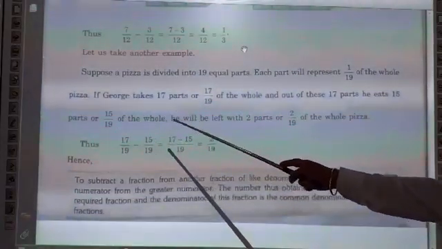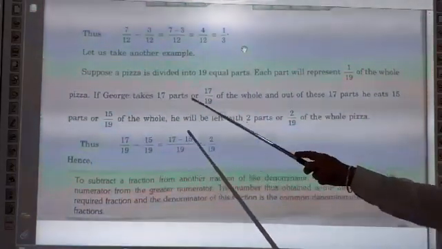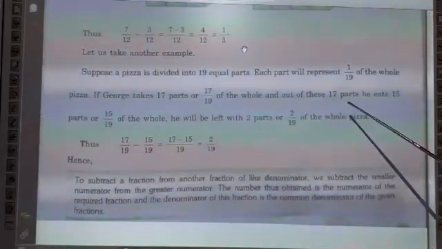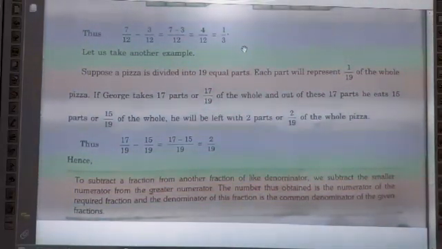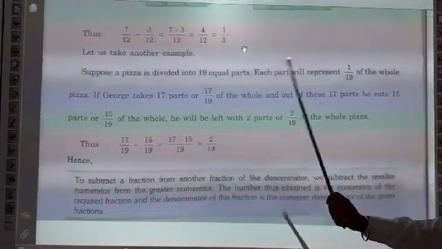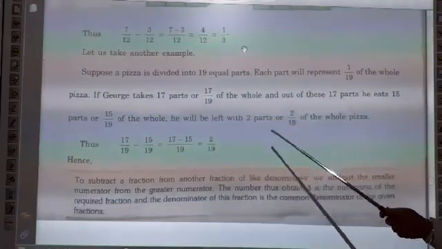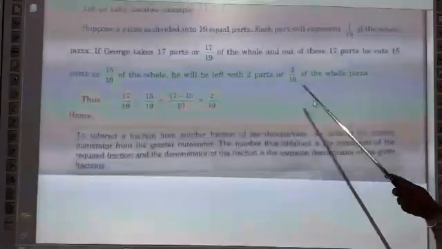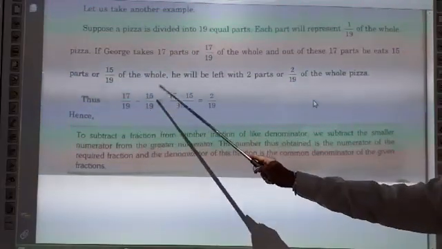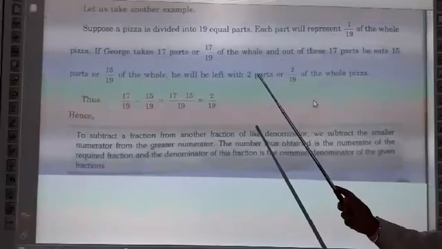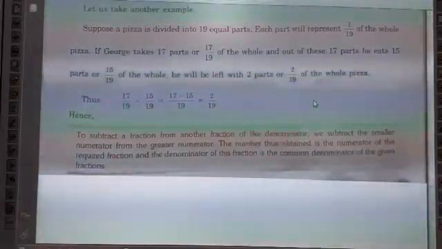If he takes 17 parts or 17 upon 19 of the whole, and out of these 17 parts he eats 15 parts or 15 upon 19 of the whole, he will be left with 2 parts or 2 upon 19 of the whole pizza. Thus 17 upon 19 minus 15 upon 19, 17 minus 15 is equal to 2 upon 19.